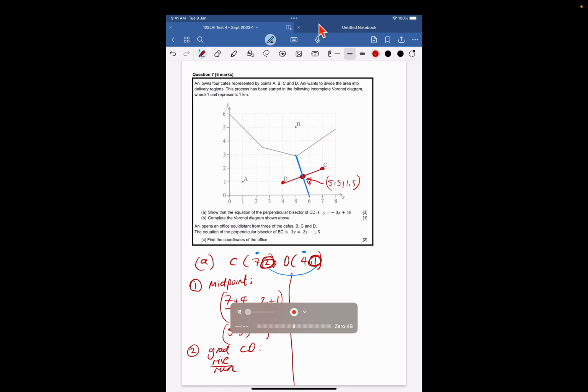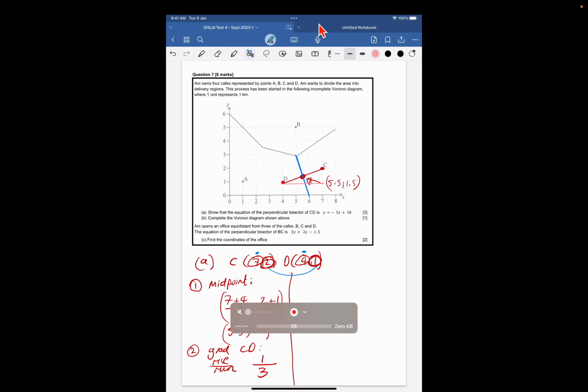Of course, you can always draw a nice little triangle here, and you can physically see the rise and the run, right? 1 divided by 3. That's great, that's the gradient, 1/3. And then we've pretty much done with CD.